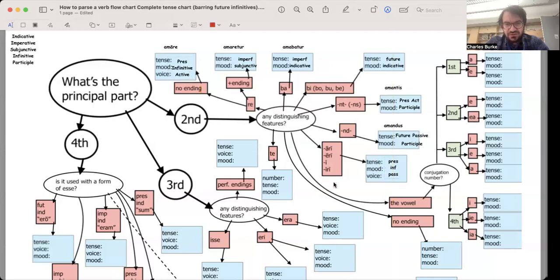Now we can finally get to the only distinguishing feature, which is the vowel, and then it depends on the conjugation. So for first conjugation, if you have an A, so you can picture a word like amat or amatur, then we know that that's just the normal. The word for a normal mood is indicative. So we're just going to call this present indicative.